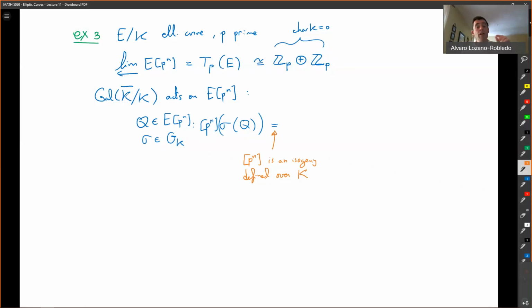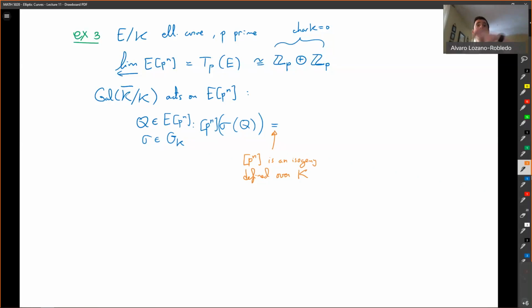And if you have p^n applied to sigma Q, so sigma Q has x, y coordinates, and now sigma has acted on the x and on the y, right? And then I apply p^n to that.